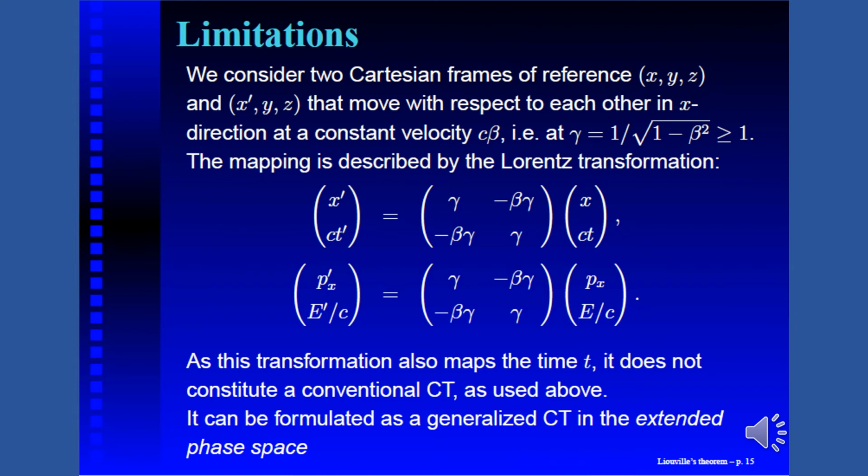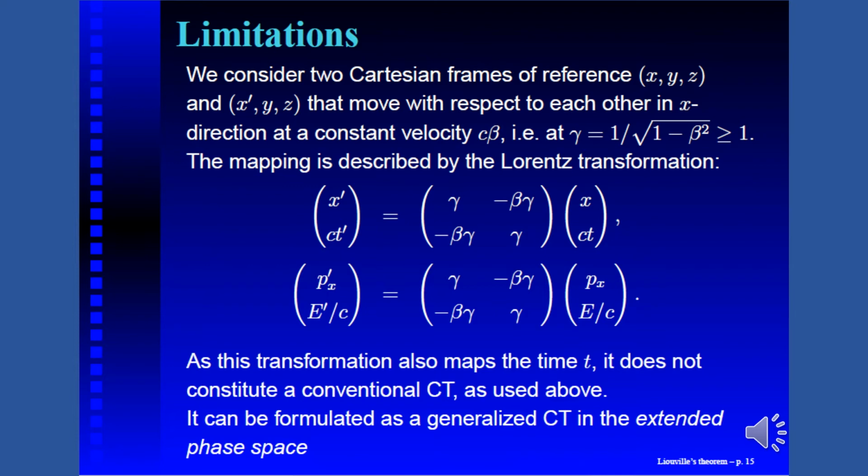There are some limitations. We consider two Cartesian frames of reference xyz and x'y'z' that move relative to each other in the x direction at constant velocity c beta, such that gamma is equal to 1 over the square root of 1 minus beta squared, which is greater than or equal to 1.